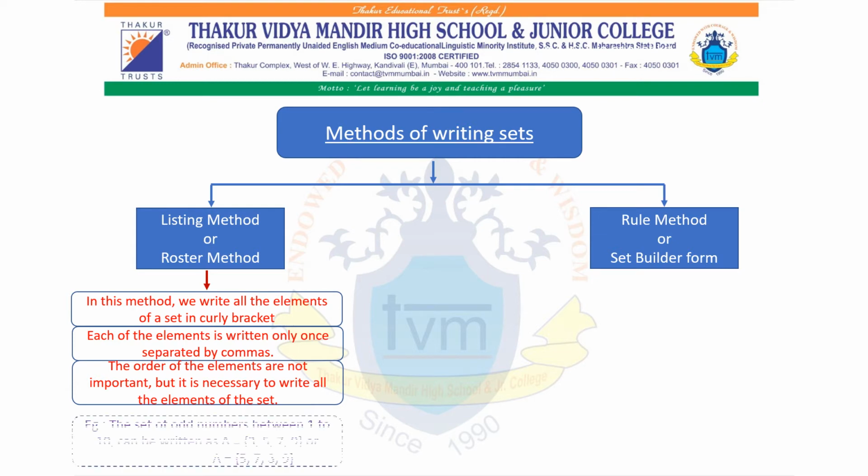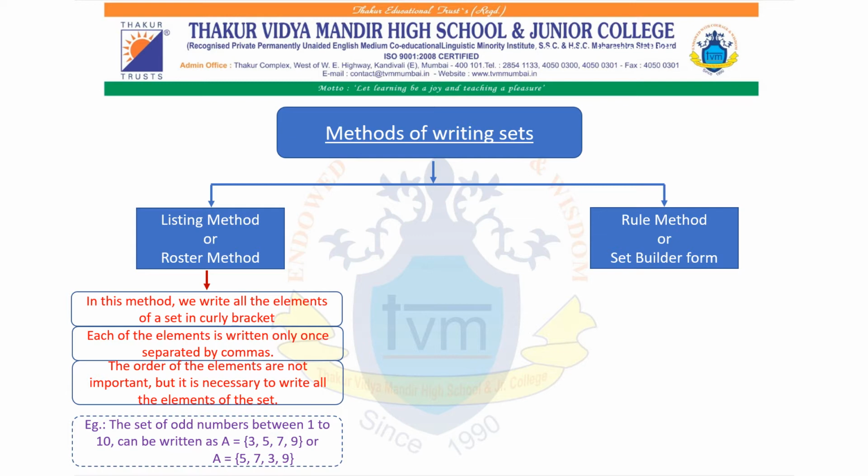Let us see one example. The set of odd numbers between 1 to 10 can be written as A equals, in curly brackets, 3, 5, 7, 9, which can be read as A is a set of 3, 5, 7, 9, where A is called the name of the set, and inside the curly brackets the numbers 3, 5, 7, 9 are the elements or the members of the set.